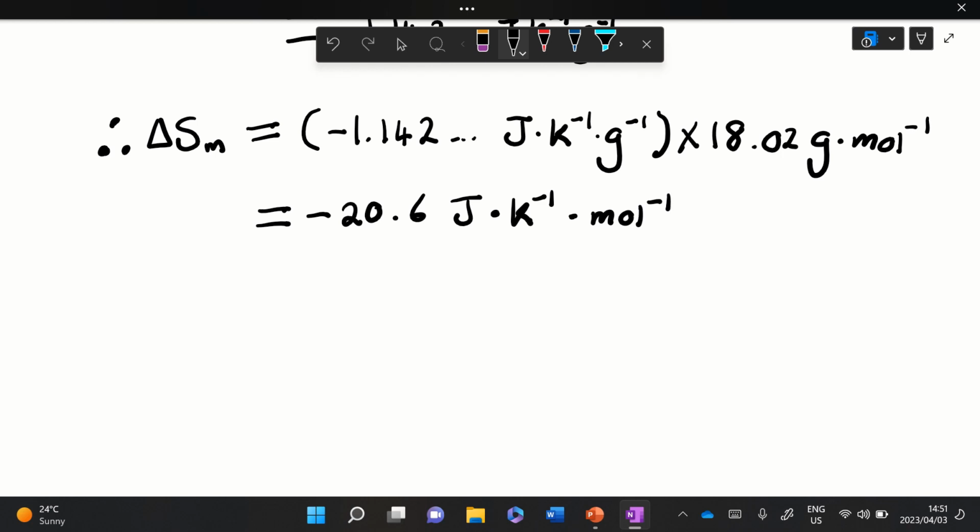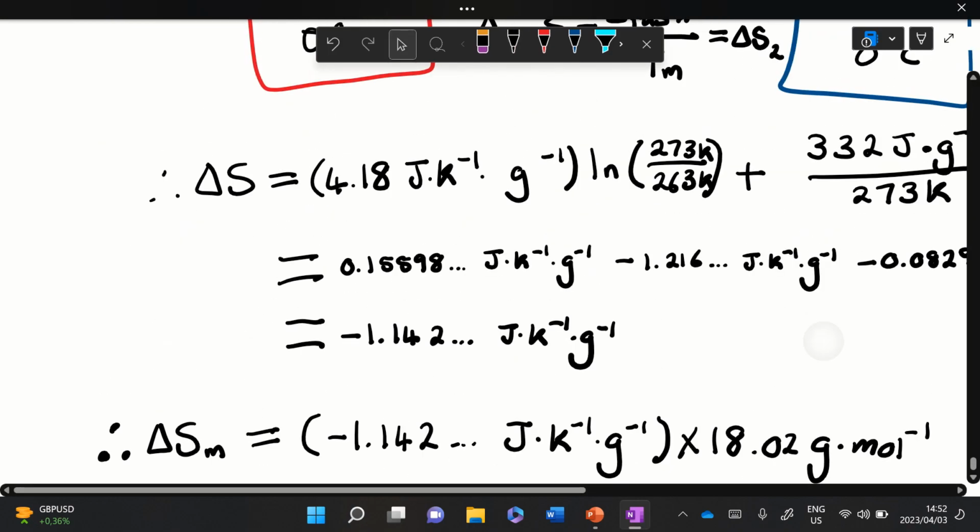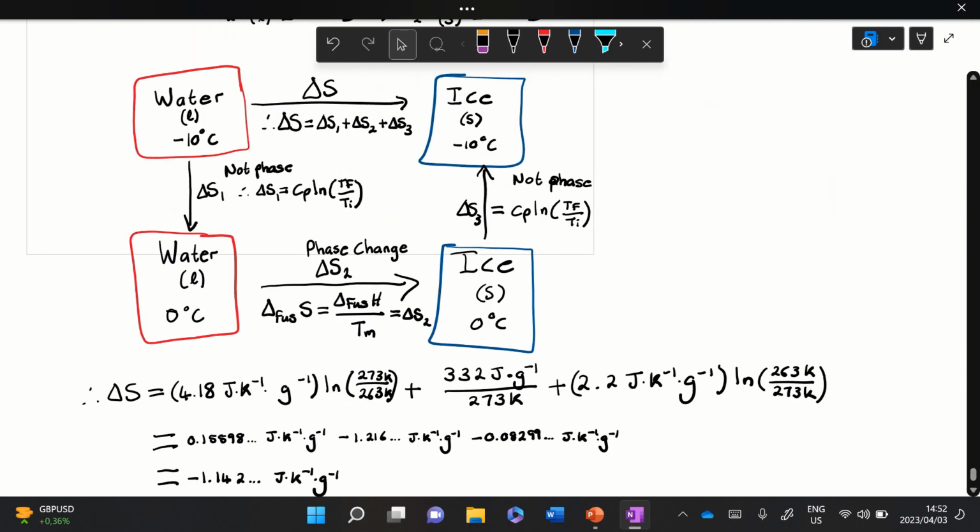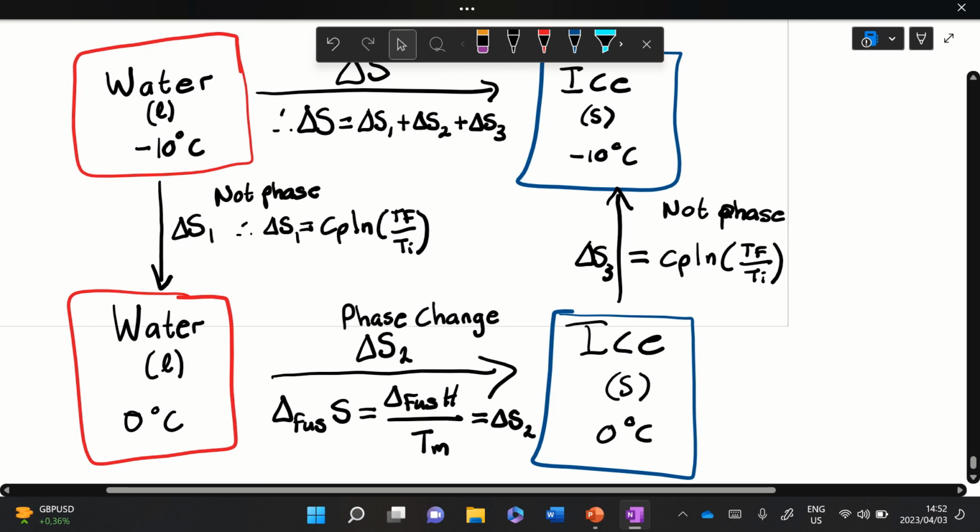So as we expected, this value is less than 0 because we're going from a less ordered liquid to a more ordered state, which is the liquid to the solid. And there's also some heat given off to the environment. Everything here makes sense. Okay, so this is a way to show you how you need to think about it.